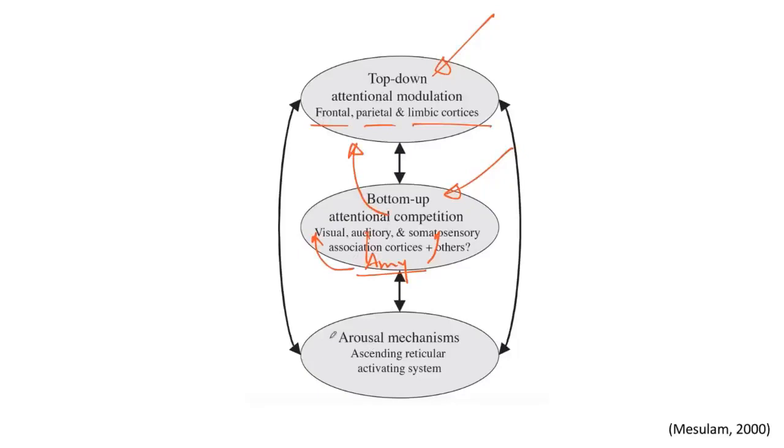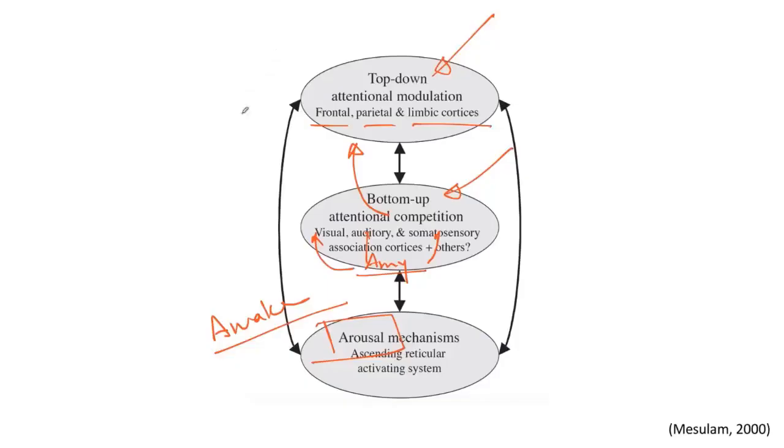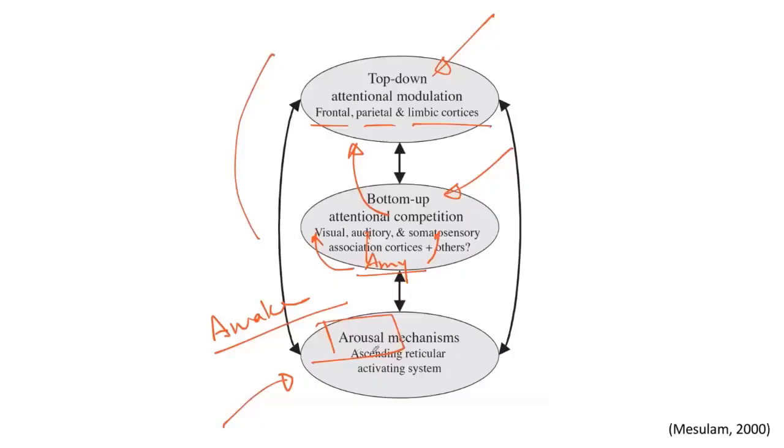But in reality, we need to be awake. Wakefulness is going to be important in terms of having all these processes. So if you're asleep, probably none of those things are going to work. And this is the general tone of consciousness that we call arousal.